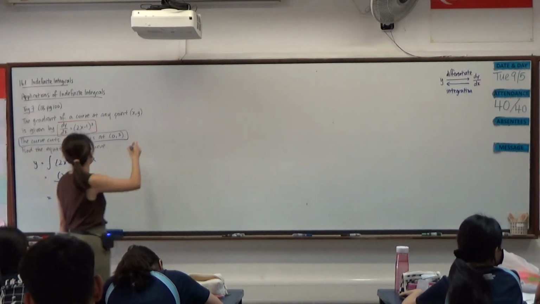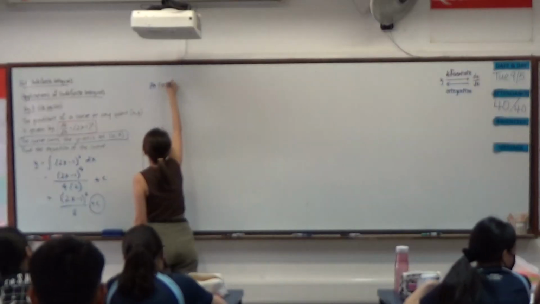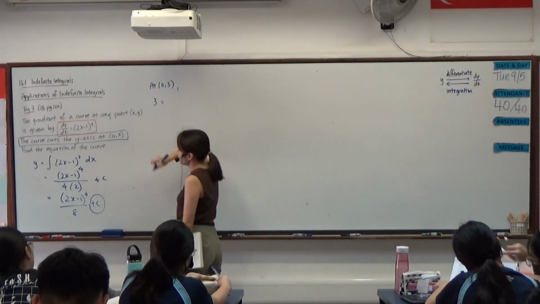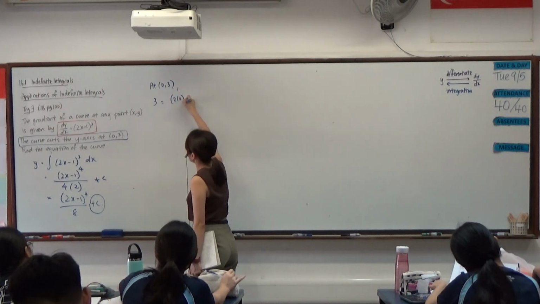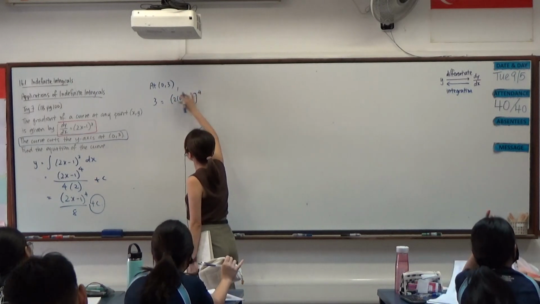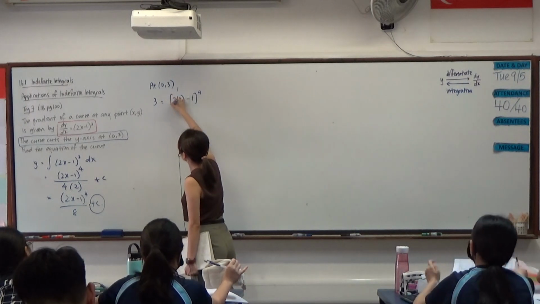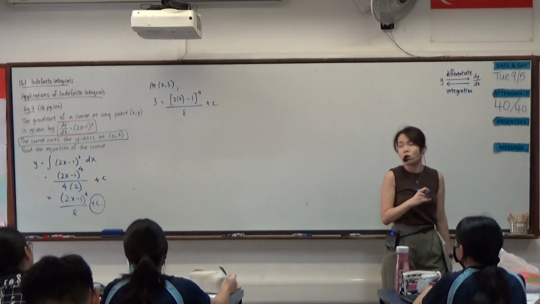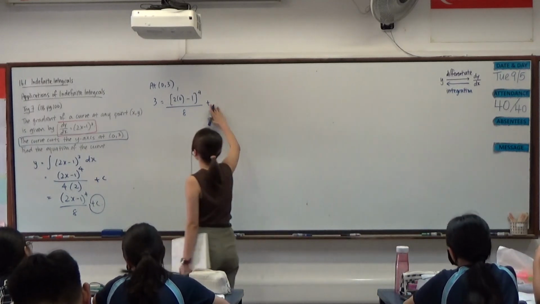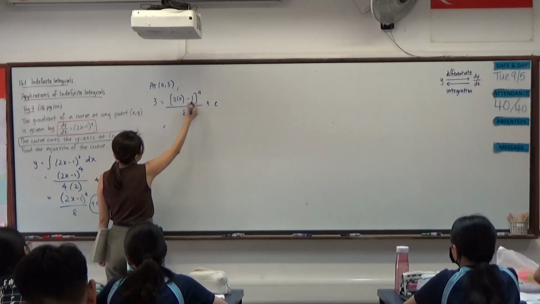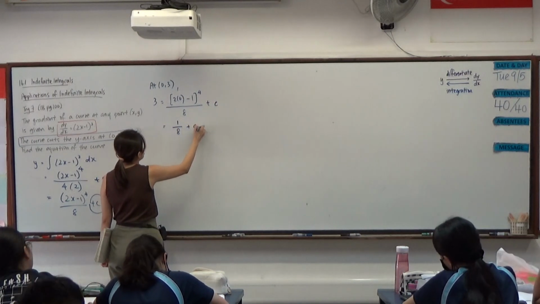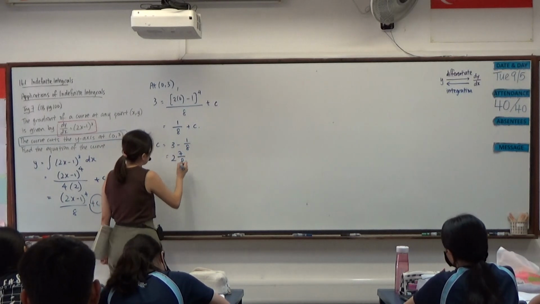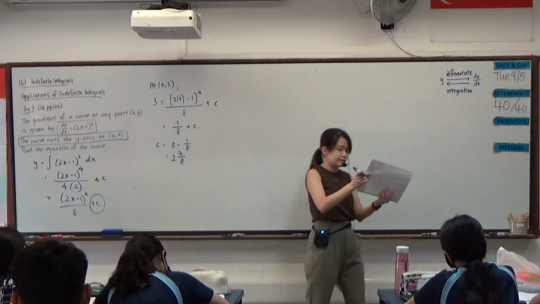Since it cuts the y-axis at this point, that means that y equals 3 when x equals 0. So we replace the coordinates accordingly, and that will help us to find out the value of c. So this will give us 1 over 8. And we find that c equals 2 and 7 over 8.